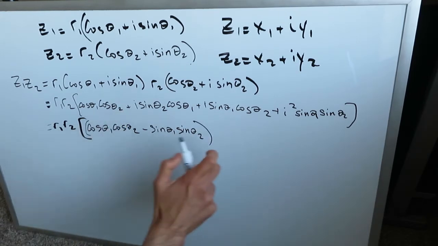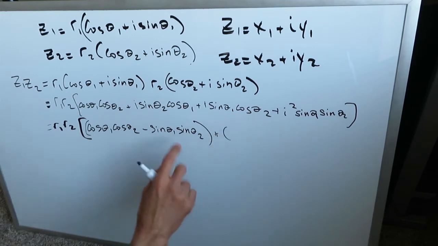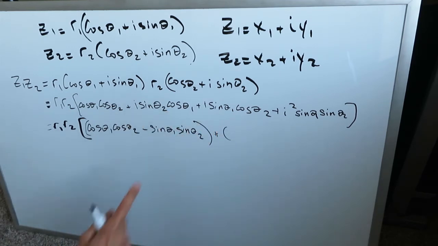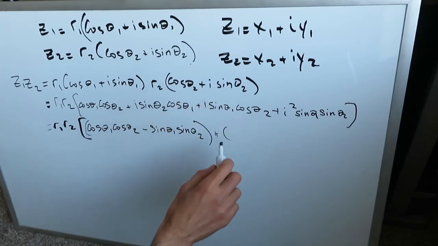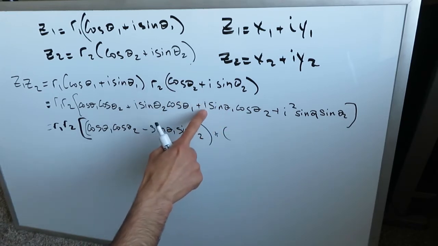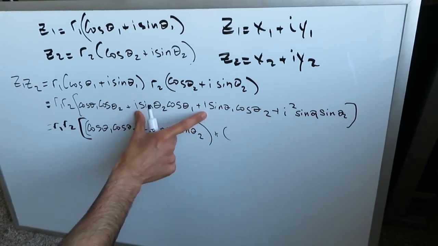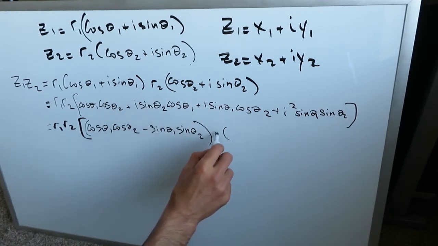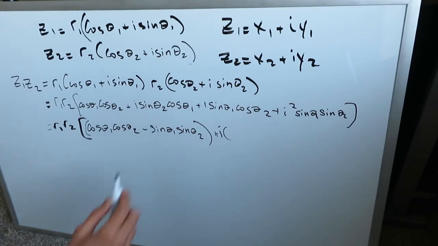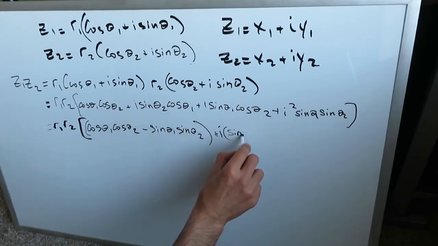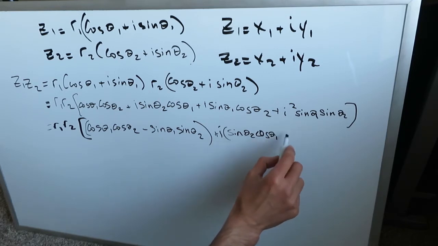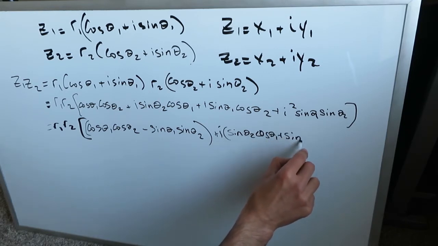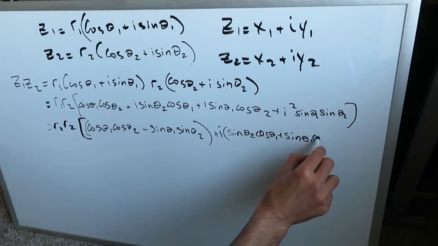Now look here, this plus sign, I'm going to create a new set of parentheses for these two terms over here. You can't really combine them any more than just writing them together. So let's just do that. And I can isolate an I from here. See, both of these have I, so let's isolate the I. Then you write everything else as you said: sine theta 2 cosine theta 1 plus sine theta 1 and cosine theta 2.